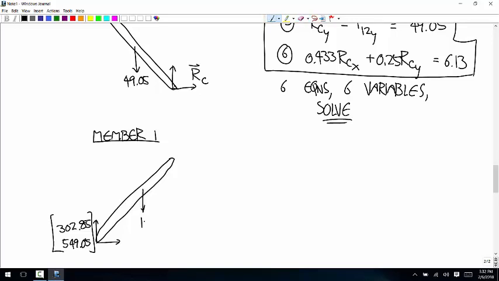Then you have the weight force. And then at the top, you have 2 forces. I'll just add them together. So up here you have a force negative 302.85, negative 500.